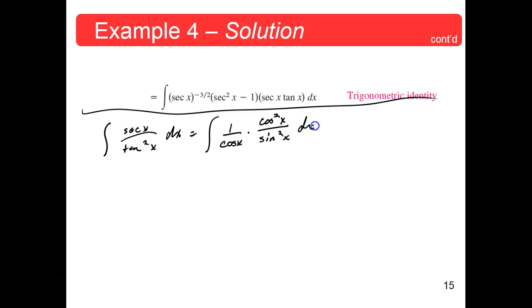And then comes your dx. All right, now what's the first obvious thing you see? You can lose a cosine. Okay. Now, what do we have now? Let me rewrite it in case that's a little confusing to you. The integral of cosine x over sine squared x dx.